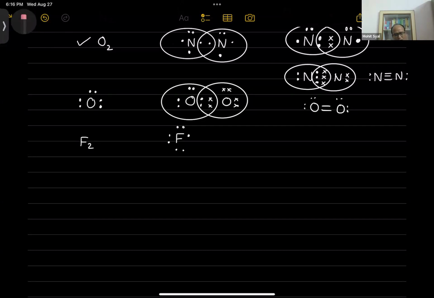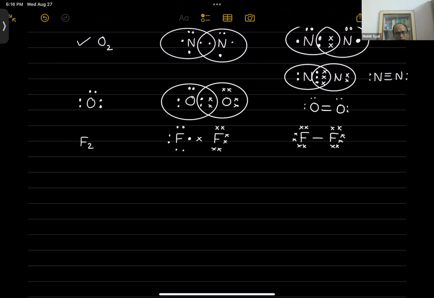One more. So if it needs 1 more, it needs to share one electron with the other. So another fluorine atom is going to come in, and that's how the octet of both fluorine atoms is going to get completed. Is that clear to everyone? Yes, sir. Okay, so F2 molecule.